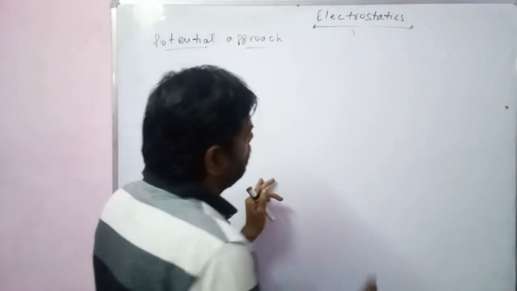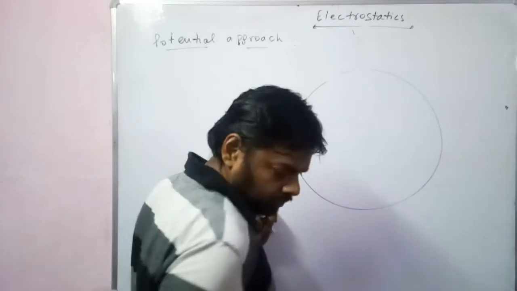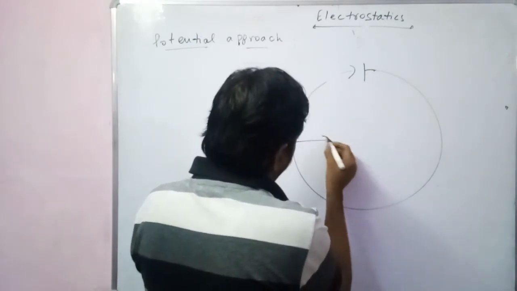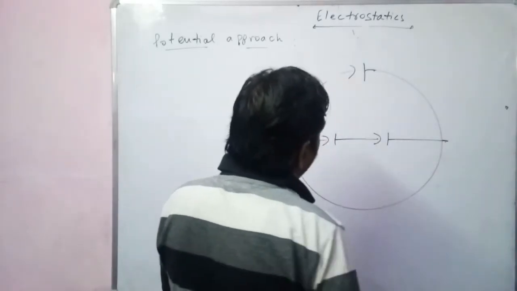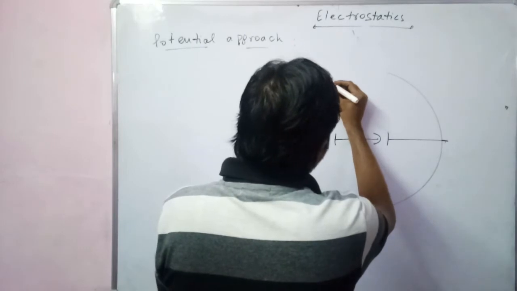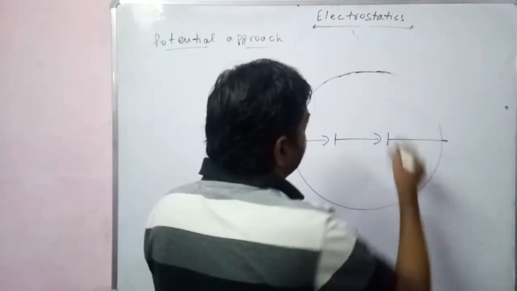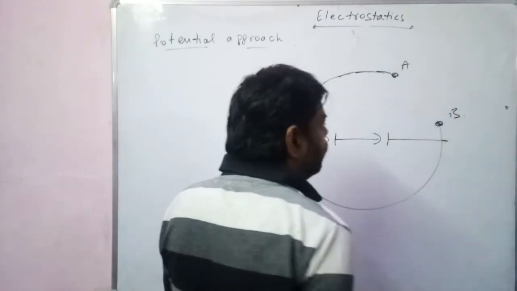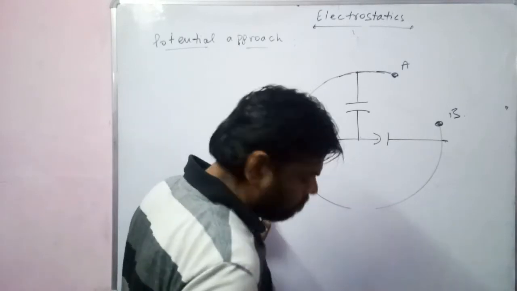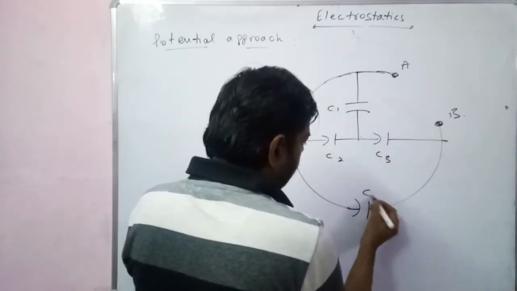Suppose it is the point A, it is the point B. Say C1, C2, C3, and C4.